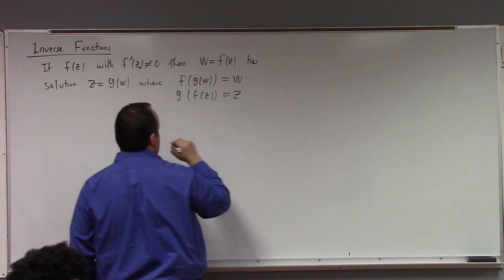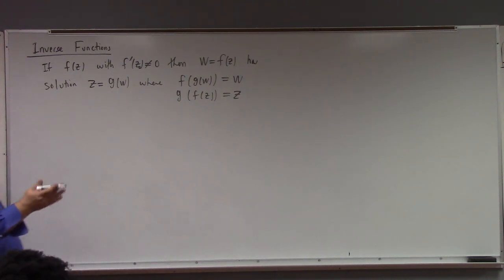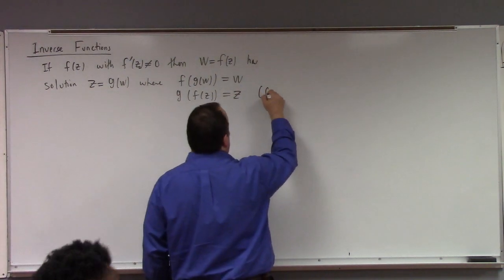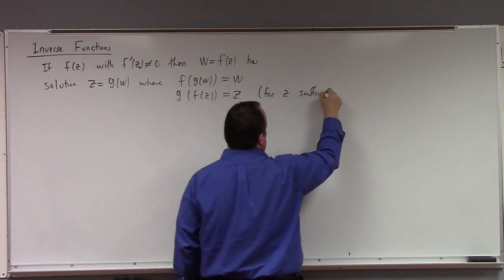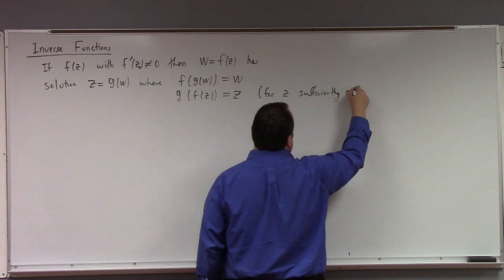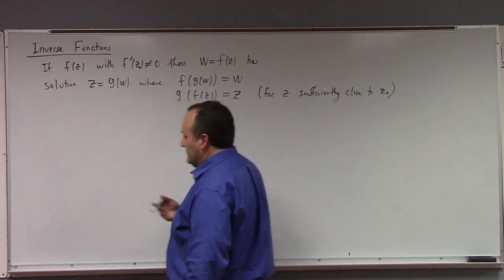They're inverse functions. And to be clear, this is for z sufficiently close to z naught. So the inverse function theorem is a local theorem.